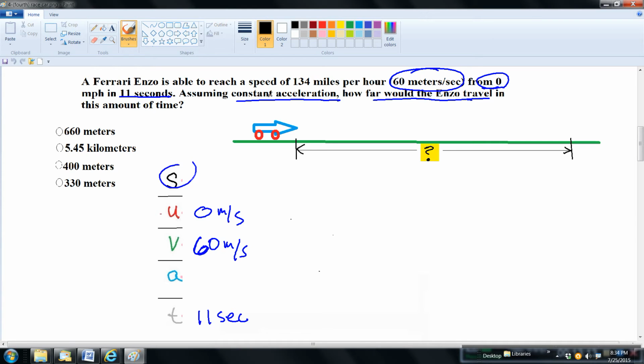And that's step 2. Step 3, circle what we're looking for. We're looking for displacement. And step 4 is draw a line through the variable that's left and use the affiliated equation. For this one, it's s equals final velocity plus initial velocity divided by 2, which is an average velocity, times time.